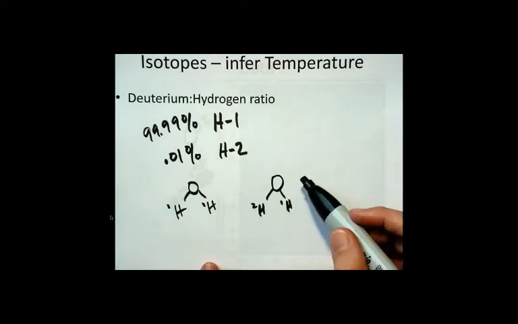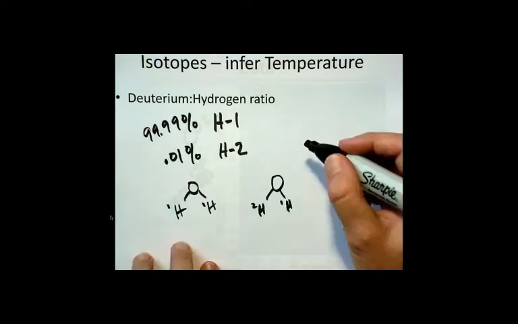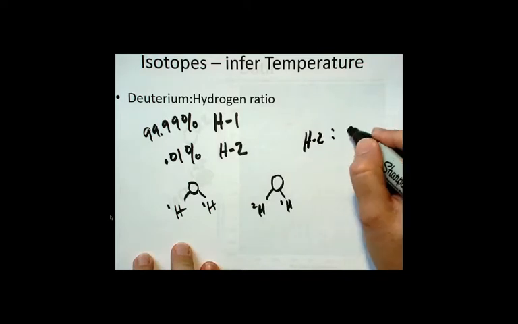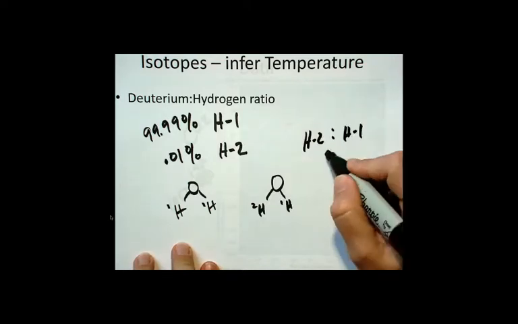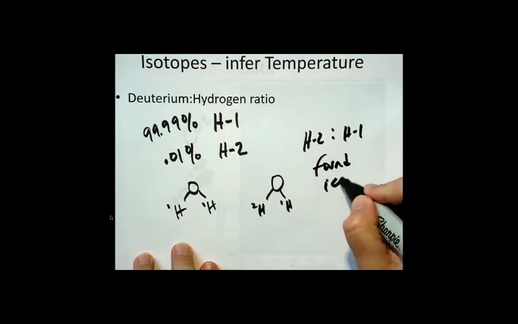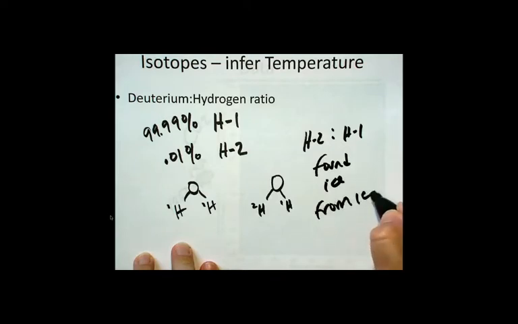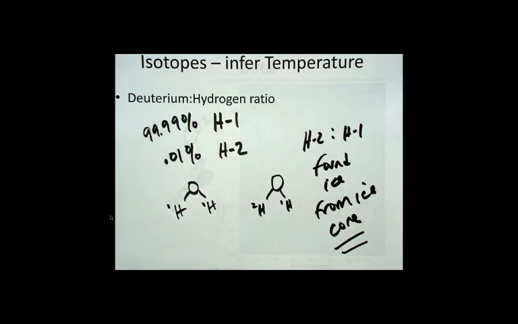That's how people can infer temperature from the deuterium to hydrogen ratio found in the ice from the ice core. Okay, so there's legitimate science that can help people predict all the way back, 160,000 years ago, what the temperature was at the time that the snow was formed.